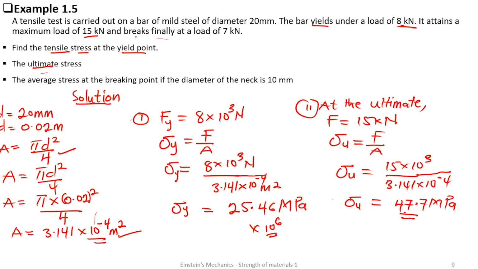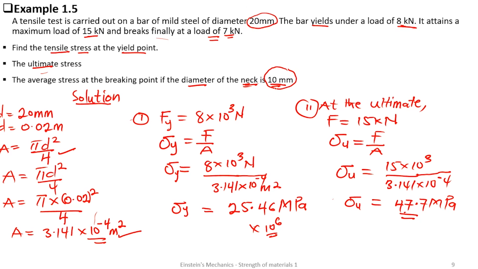but it finally breaks at a load of 7 kilonewtons. But look at this. The average stress at the breaking point, if the diameter of the neck is 10. At the breaking point, if you look at episode 2, I explained why this neck is reducing to 10. So at the breaking point, the diameter is no longer 20 millimeters, but rather 10.